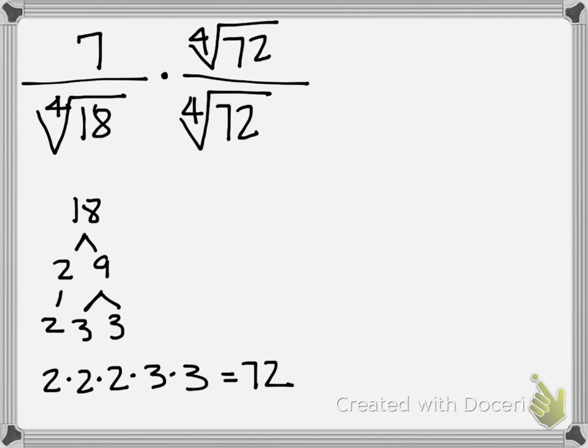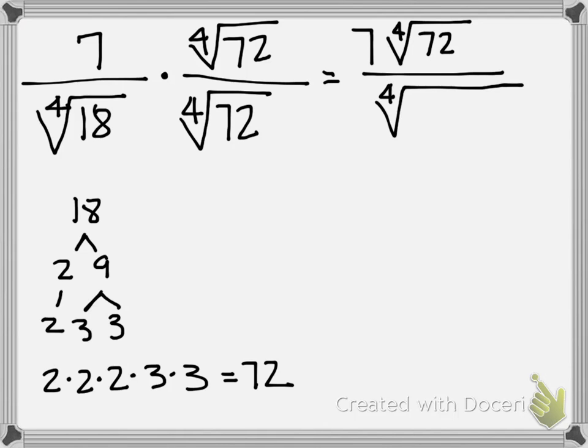And of course, we're going to multiply. And now, notice the bottom, I simply break down the factors because I'm going to look for the group of 4. The top, I know that I wouldn't find a group of 4 in the 72 because we know it has 3 2s and 2 3s.